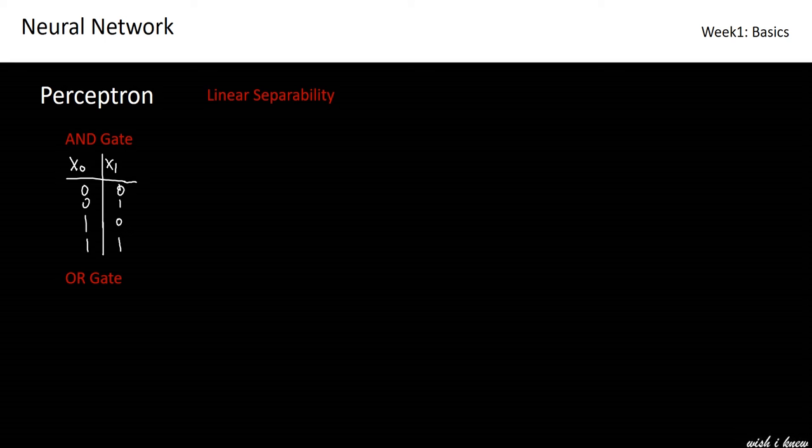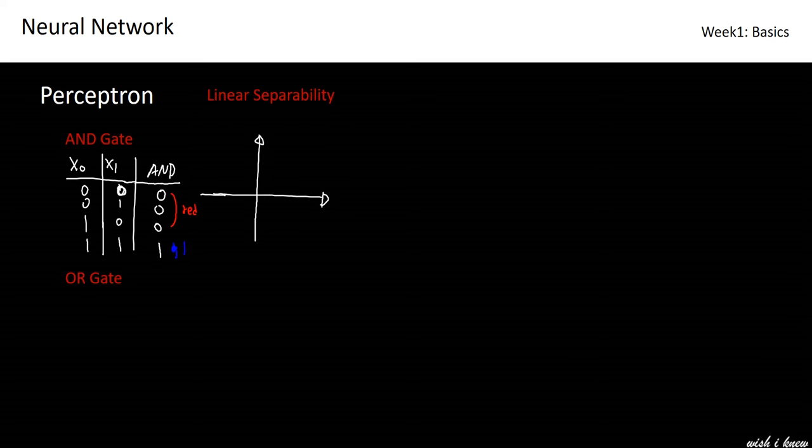And if we draw this in a two-dimensional plane, say these are red and that one is blue, then 1, 1 is here, blue, and all the other points are red.